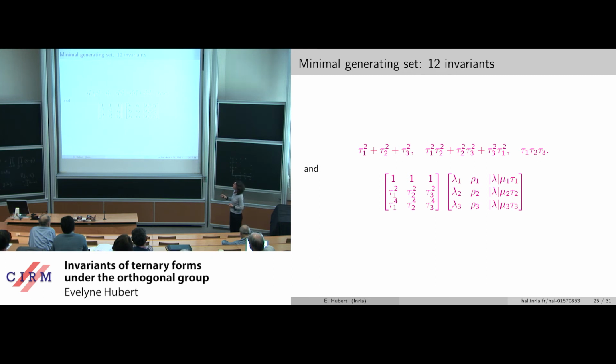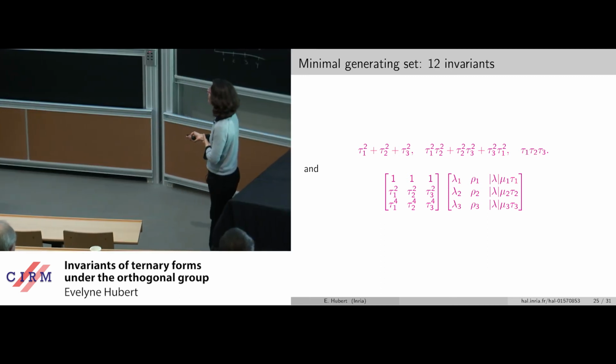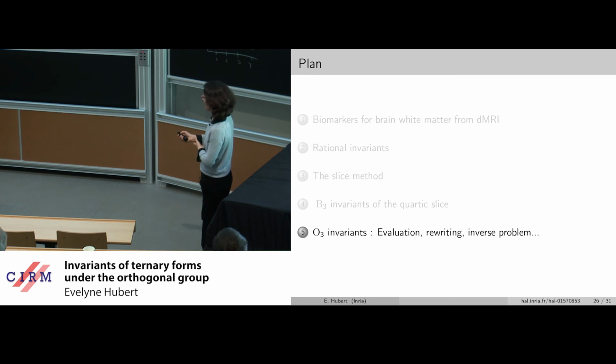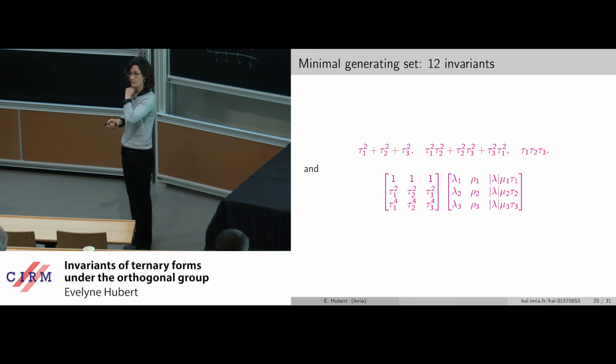I took the elementary symmetric functions in tau square, so you have 1, 2, and instead of the third one, you have this product. That's the minimal set of generating invariants for B3 on the slice.